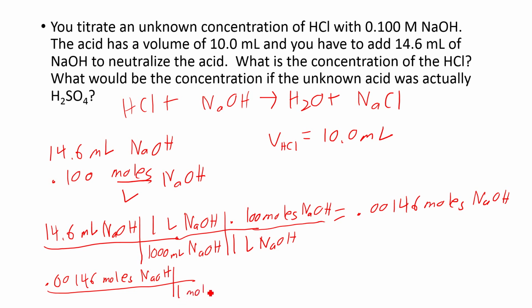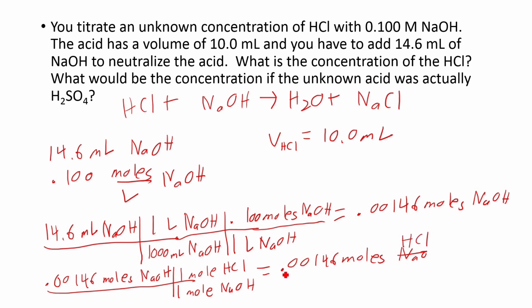So 1 mole of NaOH is equal to 1 mole of HCl. And from there, we will get our 0.00146 moles of HCl.